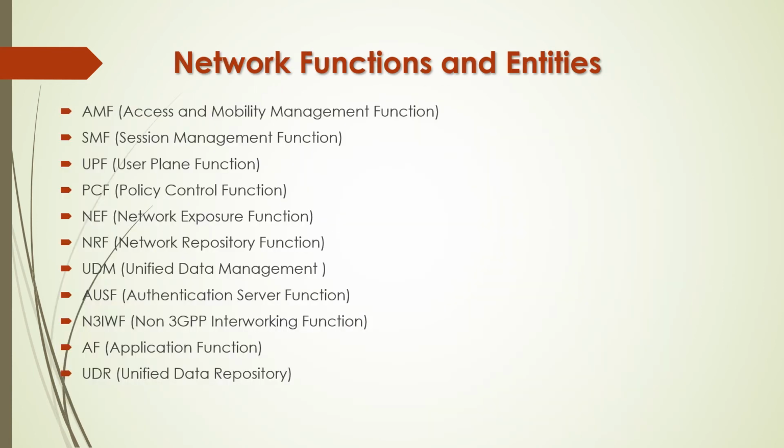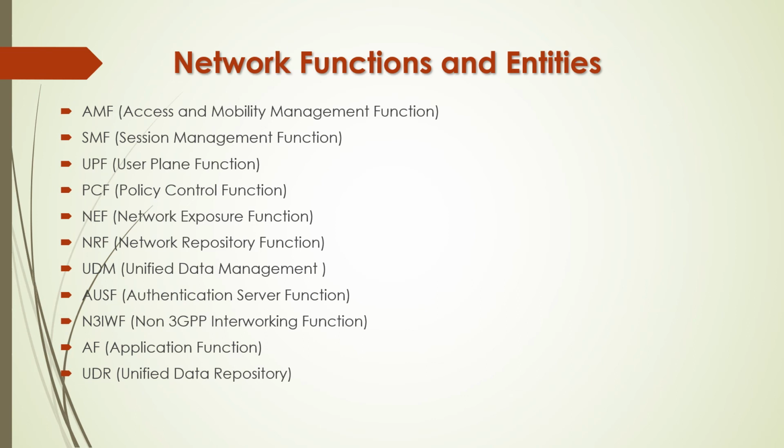After having studied the network architecture for 5G, we will now list down the network elements that I just described in the network architecture. First is the AMF, the access and mobility management function, which is required for mobility management, and it is a control plane function.